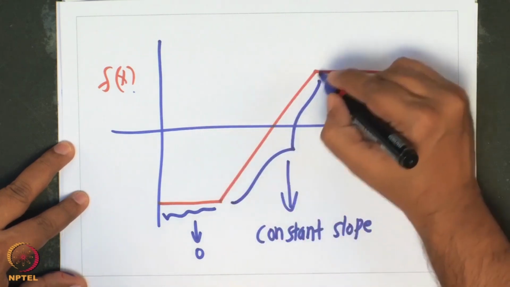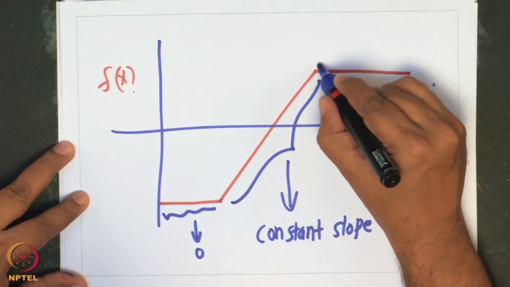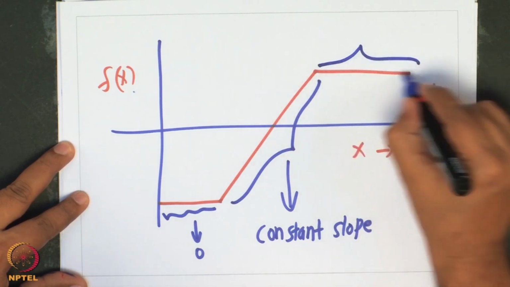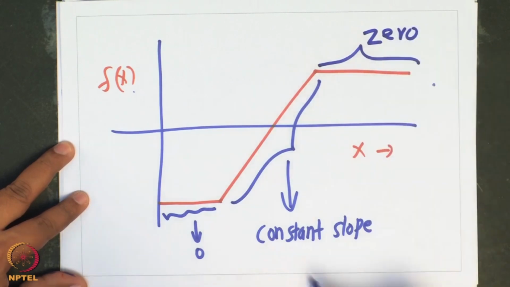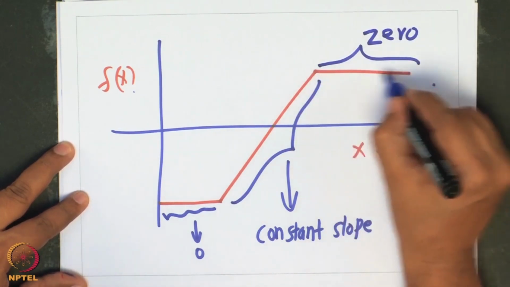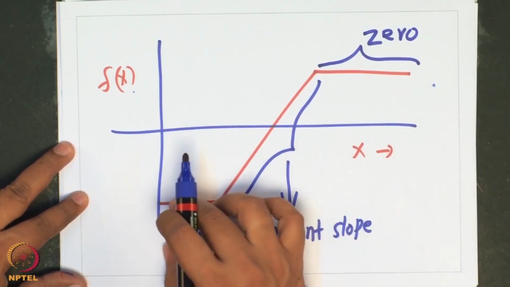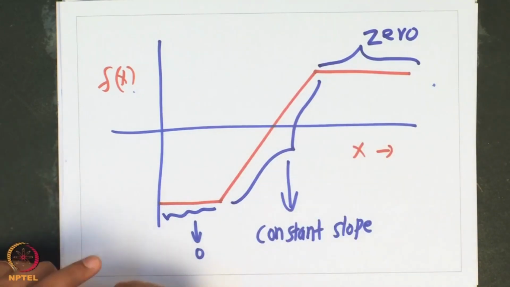So, the slope of this line is the same everywhere. And for this last part, again the function is a constant, so the derivative of this will be 0 because the function is not changing with respect to x. So, we expect 0, a constant, again 0. This is something that we would expect.